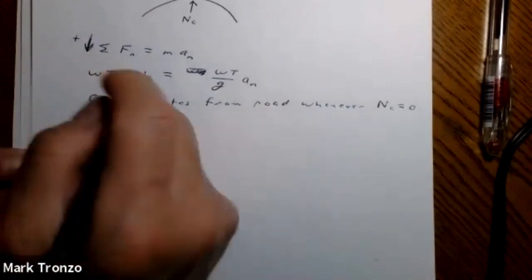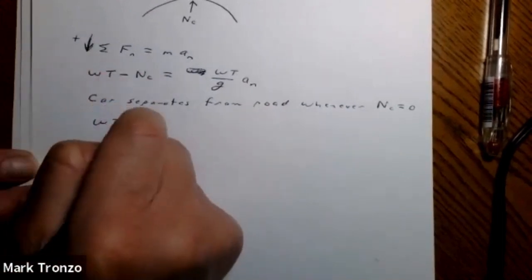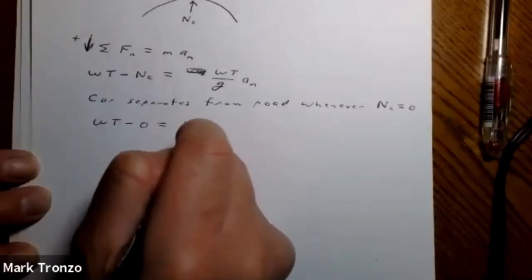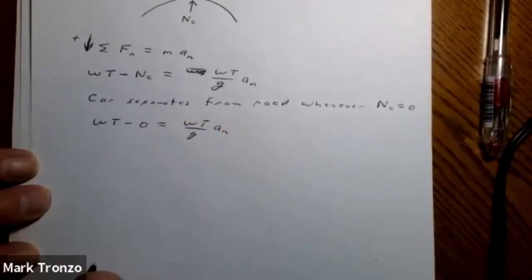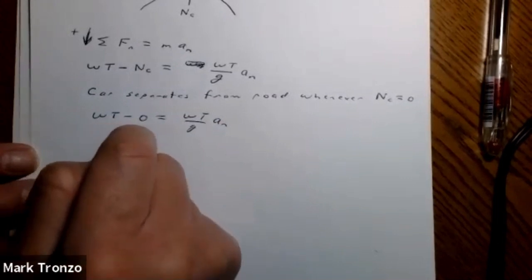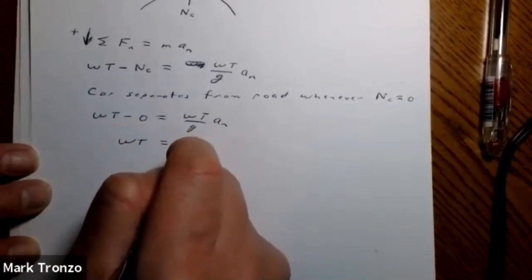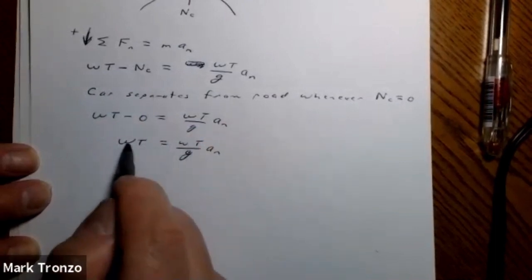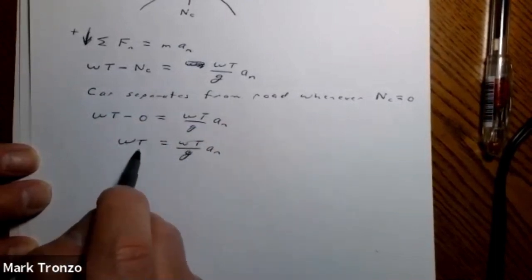So therefore, let's put that in. That's really the point where it'll separate and just go here. There'll be a WT over g, a_n. This will cancel, and this will cancel. I'll leave this with 1 on this side.